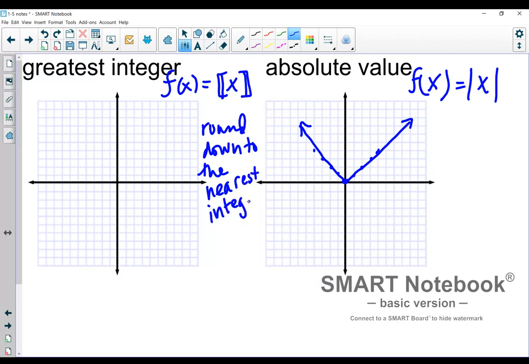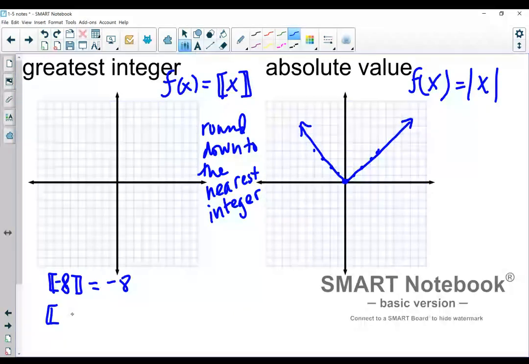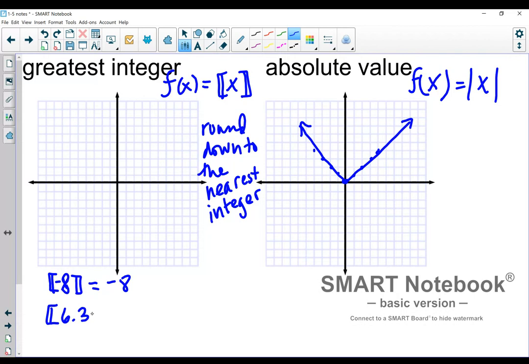So let's just look at evaluating a couple of these really quick. If I'm finding the greatest integer of, I meant to put an 8 in there, let's say a negative 8. So whenever I have an integer, it's just going to be the same thing. If I am applying this function to like 6.3, because it is a decimal or a fraction, it's going to round it down to 6.